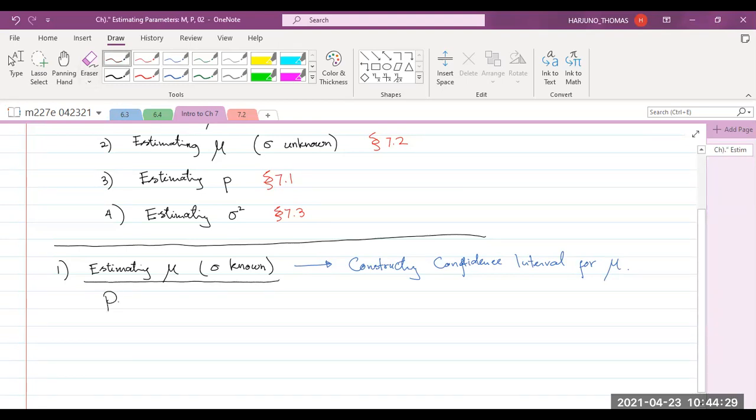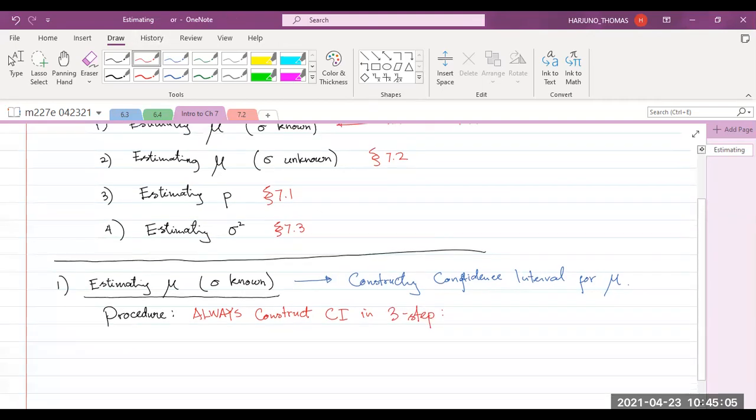Procedure: always construct a confidence interval in 3 steps. It's always 3 steps.